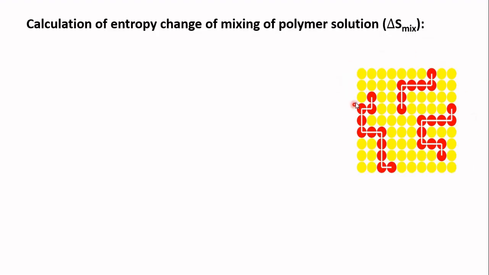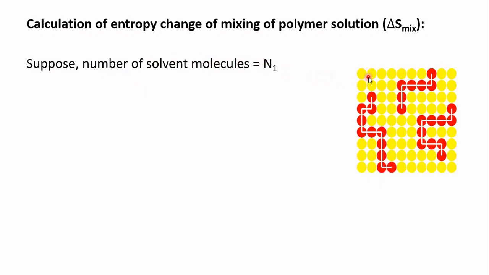Now consider the crystal lattice, where the lattice points are being occupied by either solvent molecules or the segments of a polymer chain. Suppose number of solvent molecules is represented by N1, that is, there are N1 solvent molecules present in the crystal lattice. Then the number of polymer molecules be N2.